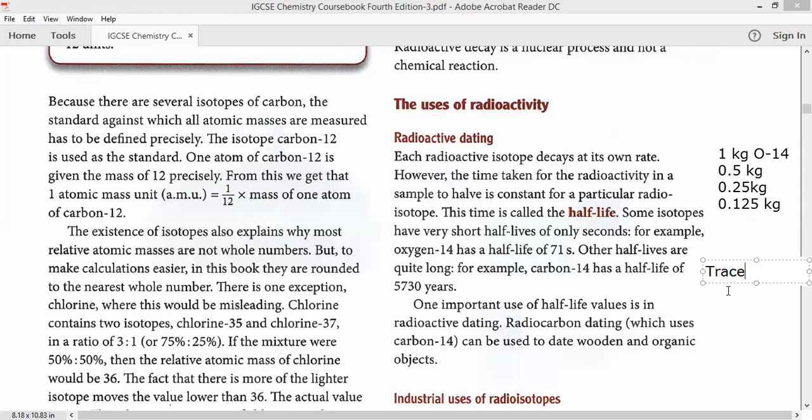And trace means in a very, very small amount. But for a 50 kg person, let's assume a person is 50 kgs, even that trace would be a few grams. And that's good enough for us to measure how old that dead body is. One important use of half-lives is in radioactive dating, and we use specifically carbon-14 for that purpose.